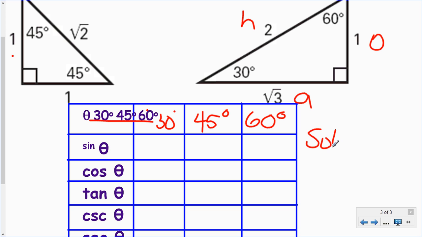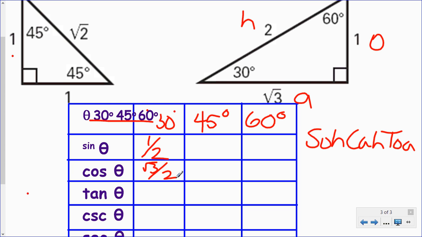Okay, so we're just going to use our SOHCAHTOA to find our trig ratios. So sine of 30 would be opposite over hypotenuse, or 1 over 2, which is 1/2. Cosine, which is adjacent over hypotenuse, is square root of 3 over 2.